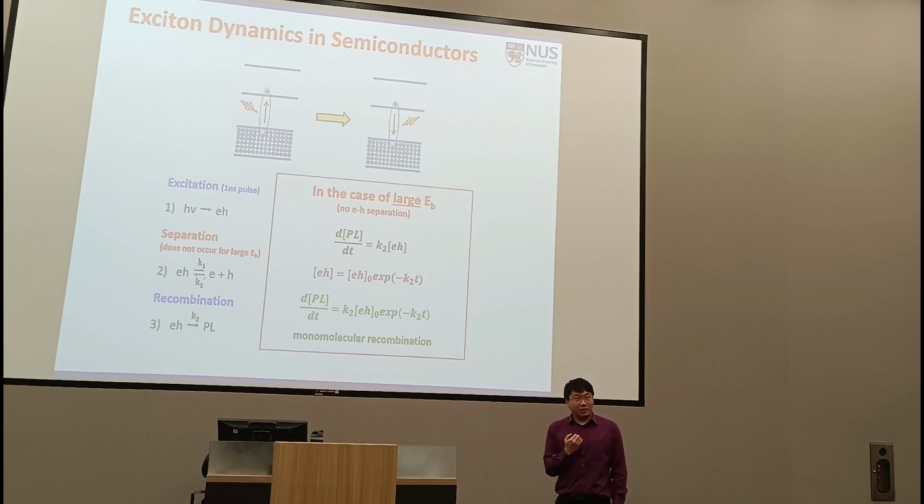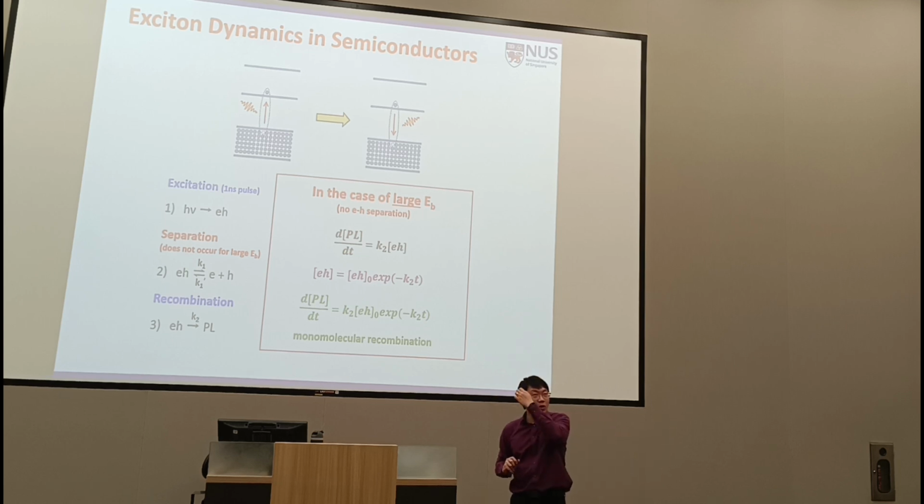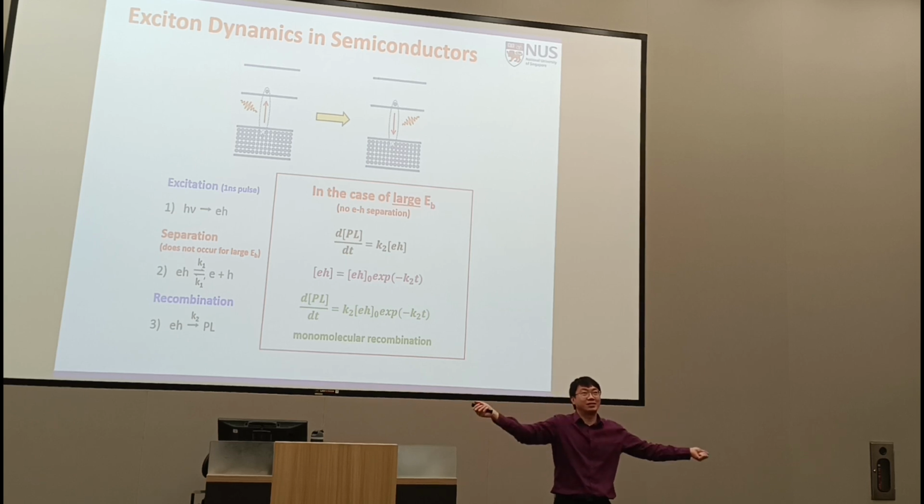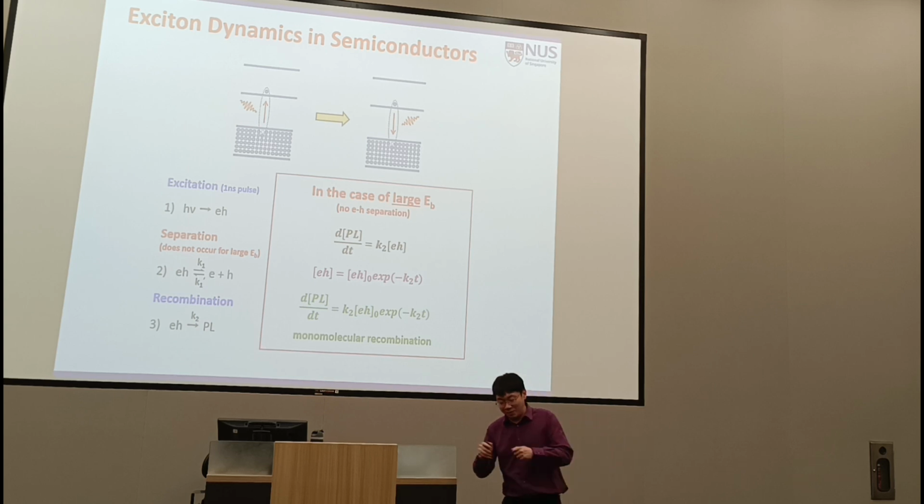Now, what can happen to the exciton? The exciton can break up and form electron and hole. This is what we call the separation process, right? The exciton is the reactant now. The exciton separates, forming free electrons and holes. This is the separation process. This is the product, right?